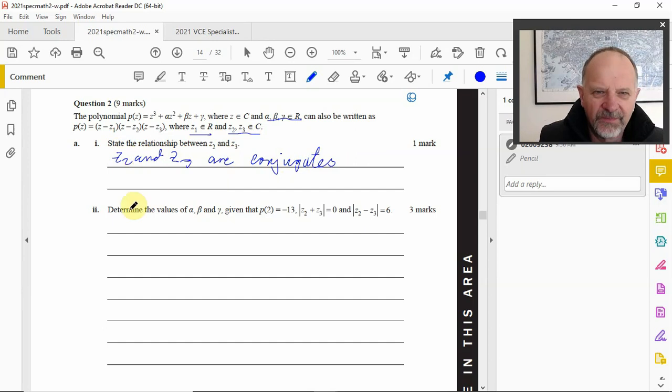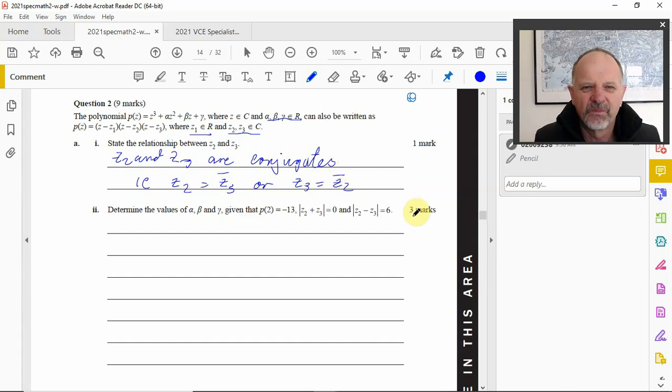All right, so in other words, i.e. Z2 is the conjugate of Z3, or vice versa, Z3 is the conjugate of Z2.